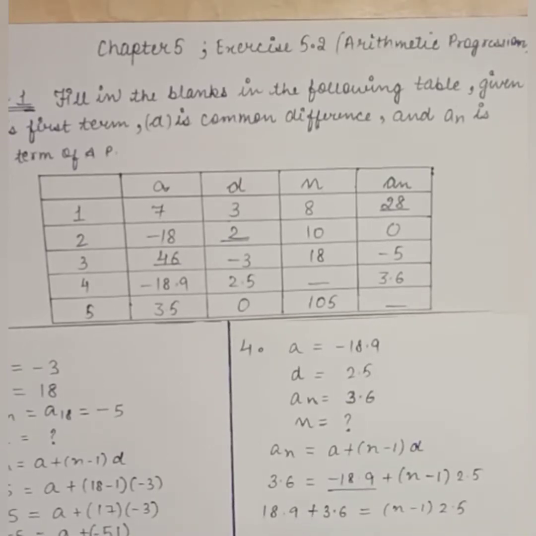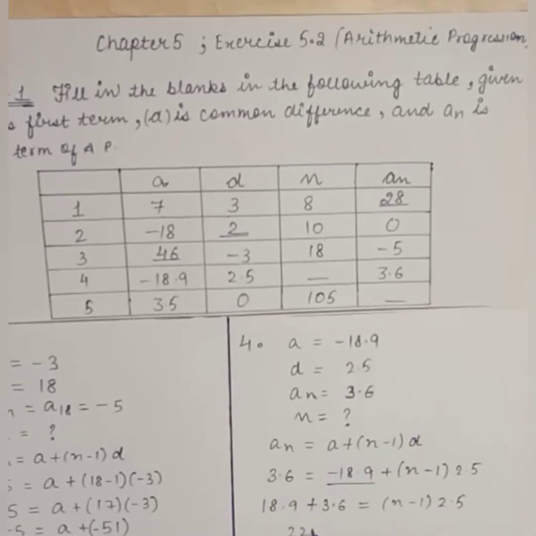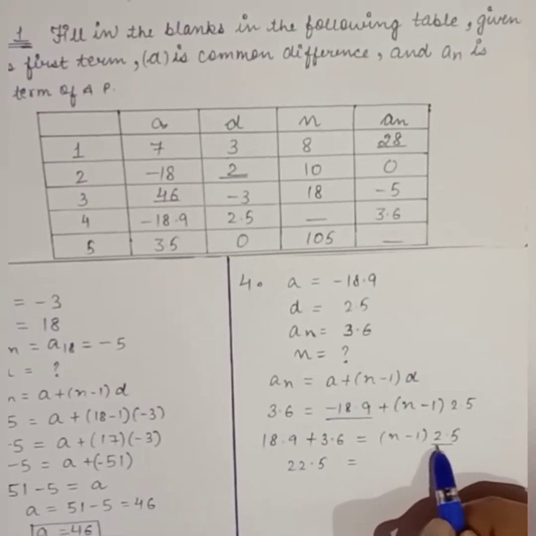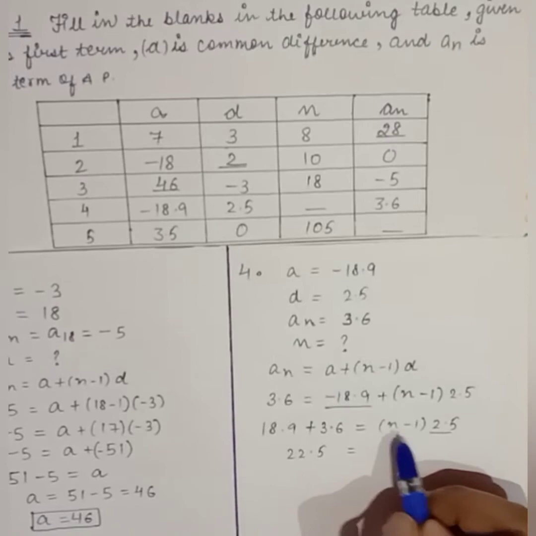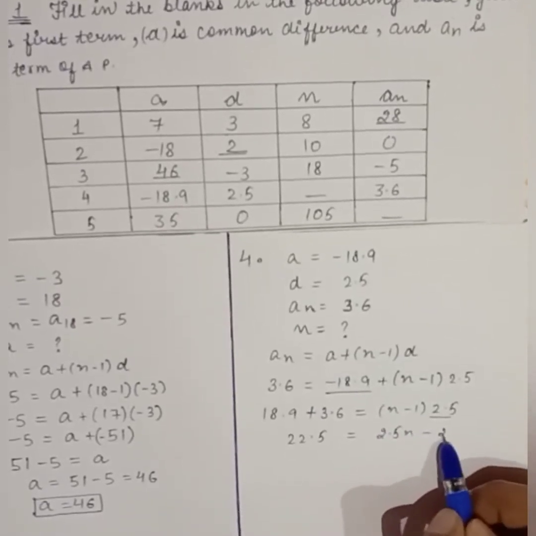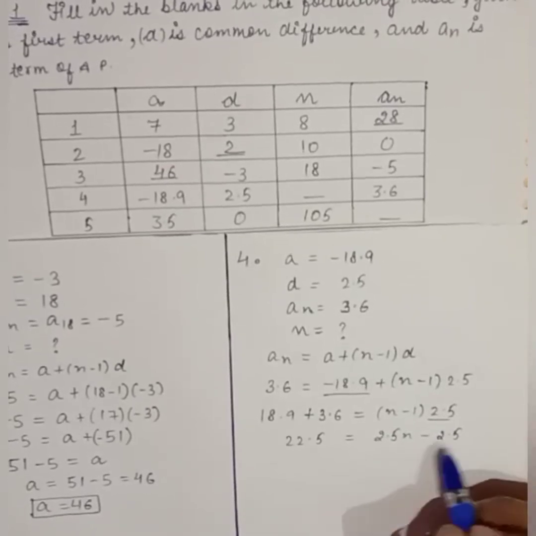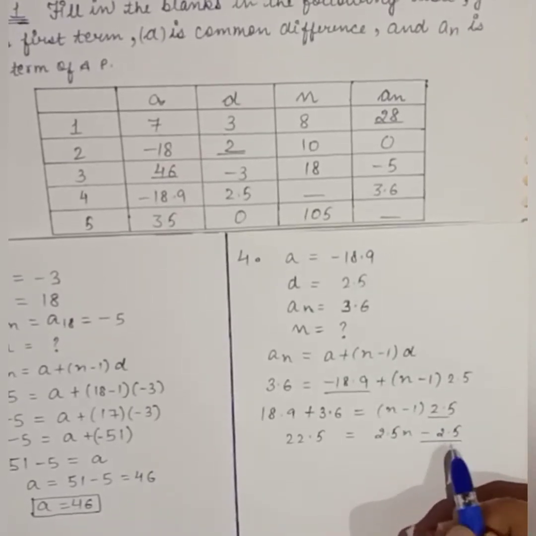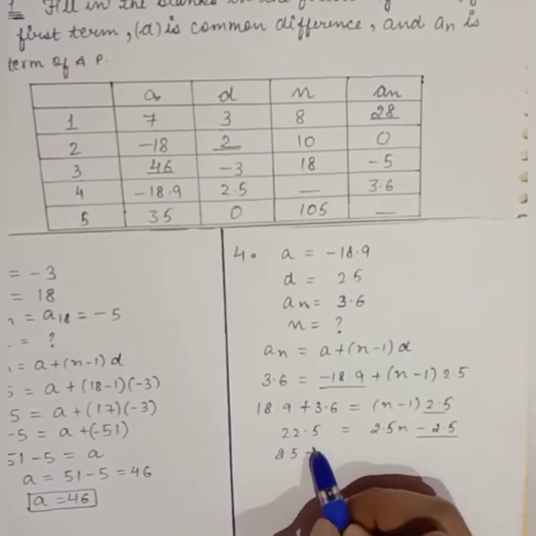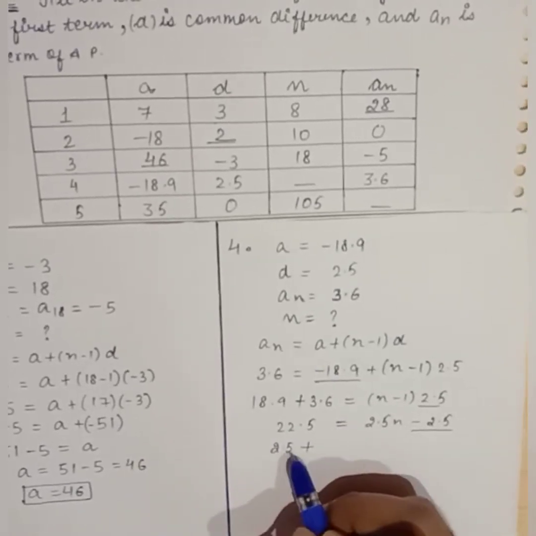On adding this, we get 22.5 is equal to, we multiply 2.5 with n and minus 1, we get 2.5n minus 2.5. Now minus 2.5 will become plus 2.5 on the other side of equality.